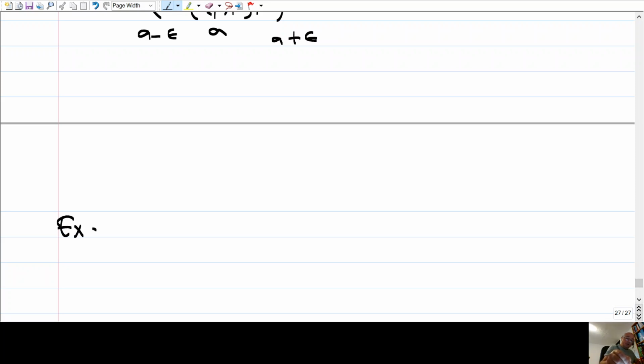Let's do another example. First of all, a finite set cannot have an accumulation point, right? By definition. Why is that?